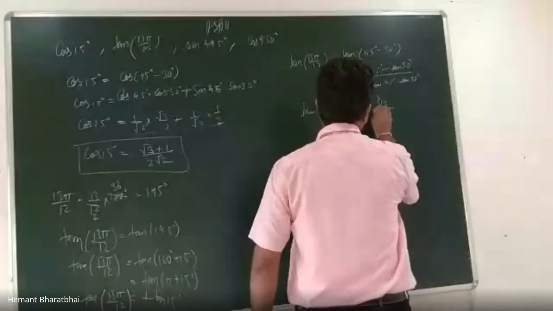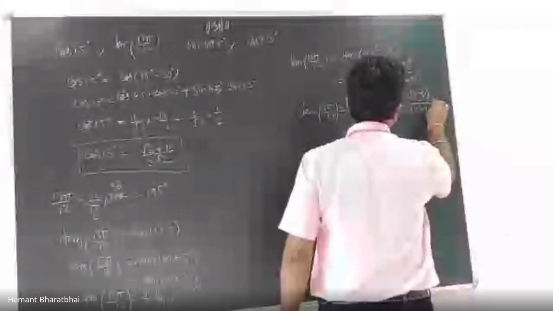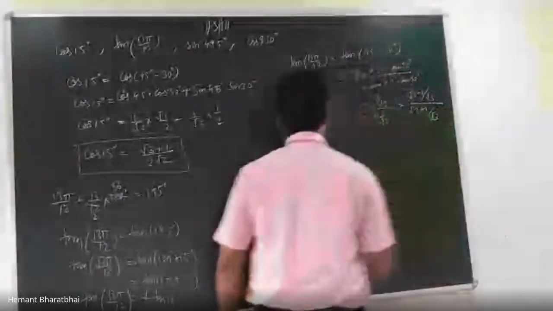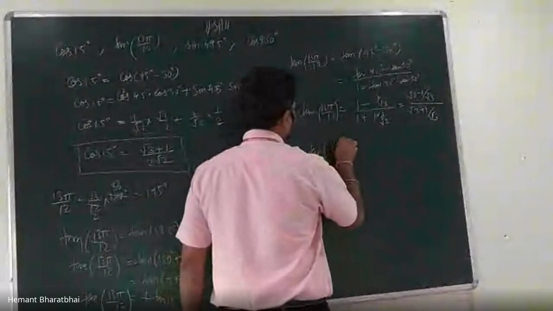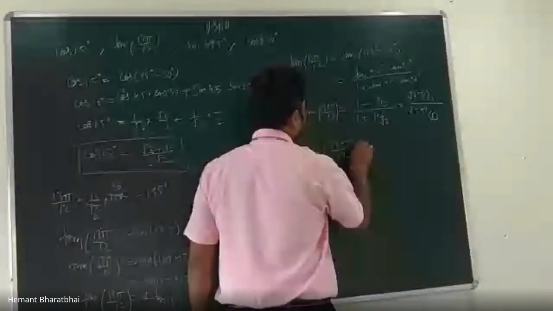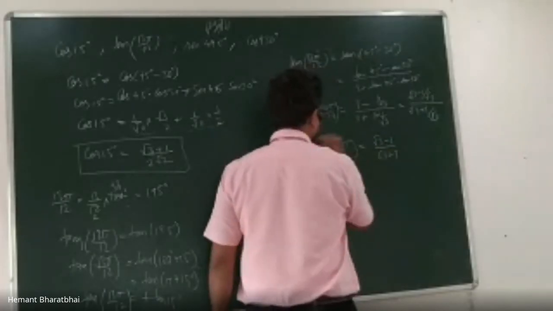1 plus 1 into 1 by root 3. So I'll equalize the denominator, so I'll get root 3 minus 1 the whole by root 3, and here also root 3 plus 1 the whole by root 3. So root 3 gets cancelled, therefore I get tan of 13 pi by 12 is equal to root 3 minus 1 upon root 3 plus 1.